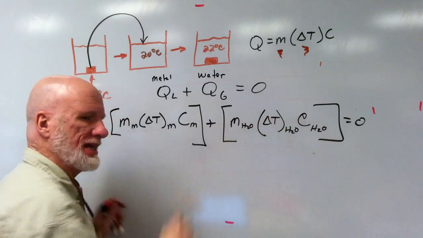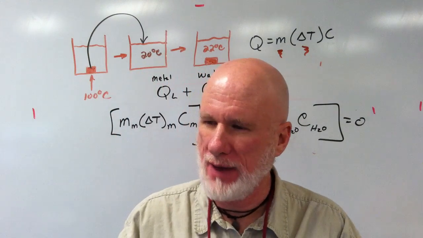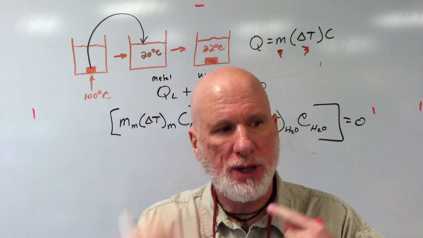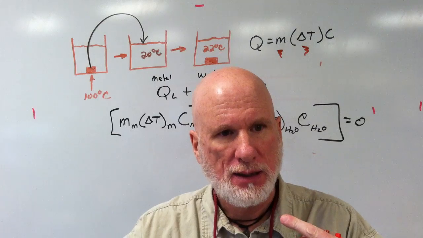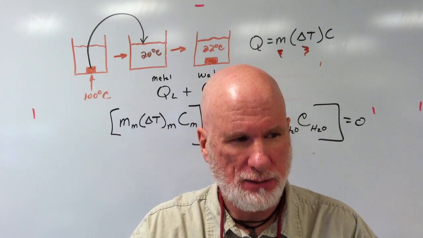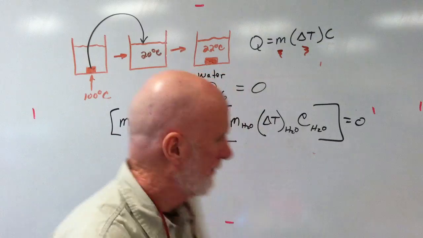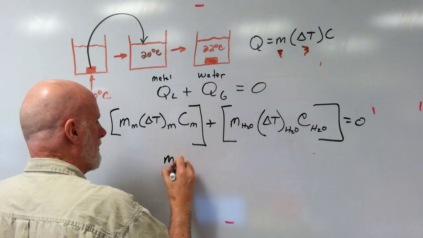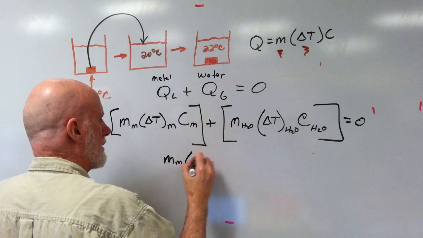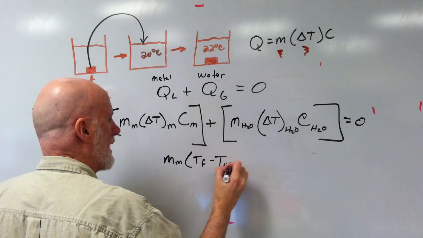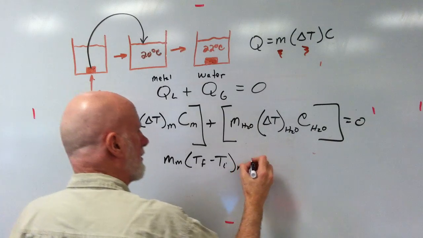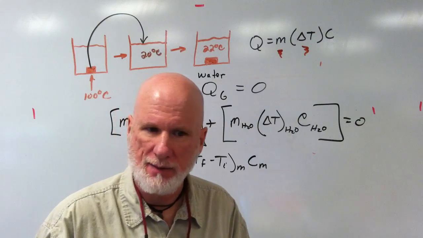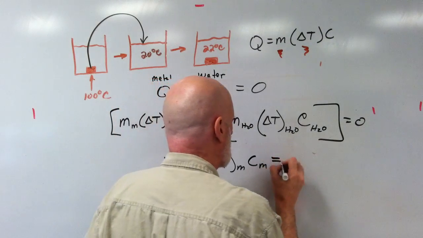I want to set them equal to each other, okay? Not only that, but I'm going to put in delta T as well. So this is going to be the mass of the metal times (TF minus TI) of the metal times the specific heat capacity of the metal, equals.